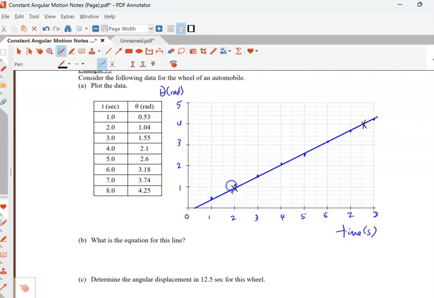Pick another point. You can pick one that is a nice convenient spot, like 2 seconds. And then you're going to do your rise over run. So you have the rise and the run, make your little triangle, and go ahead and calculate that.